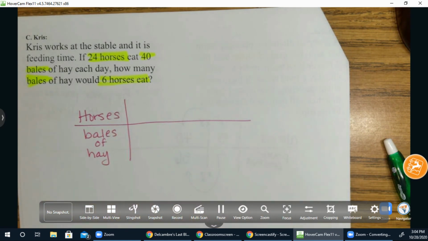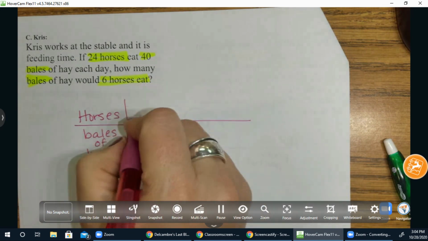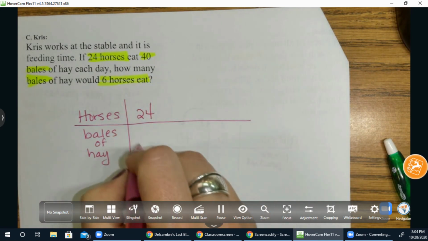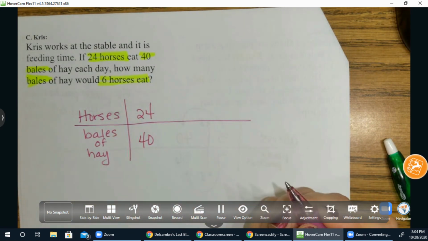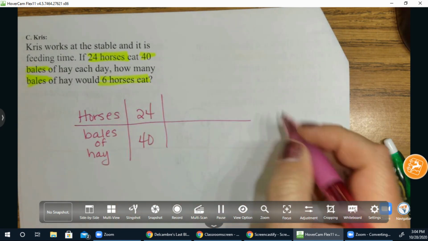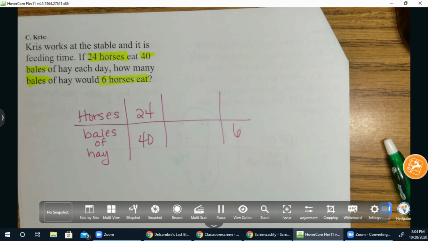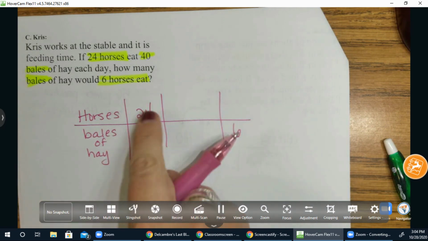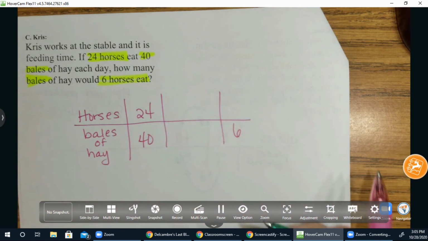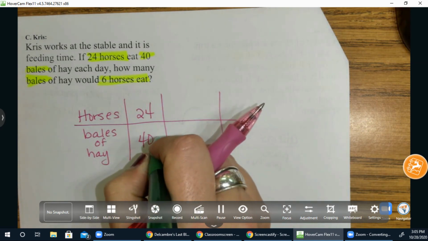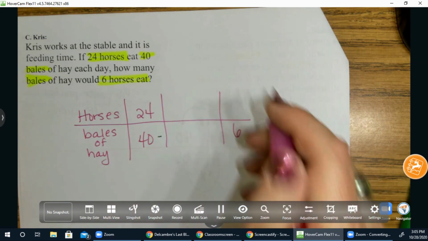Okay, so I know my information given was 24 horses eat 40 bales of hay. But I've got to get to 6 horses. I'm sorry, my 6 needs to go up here.